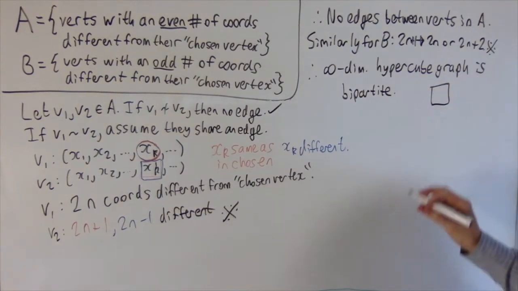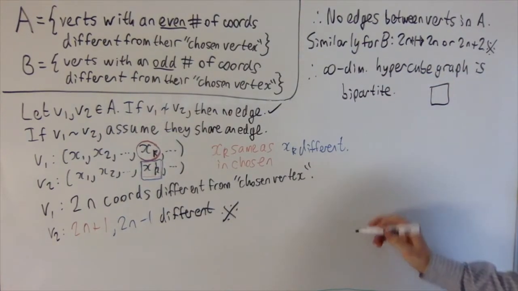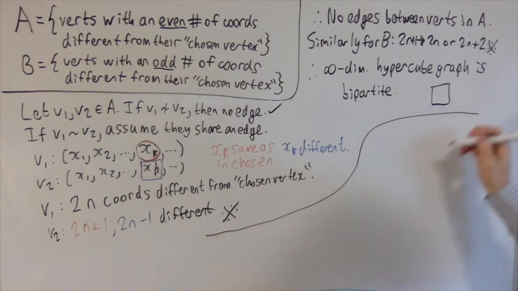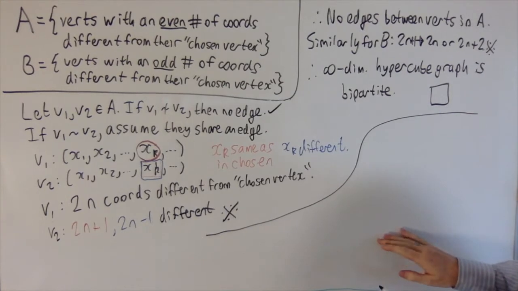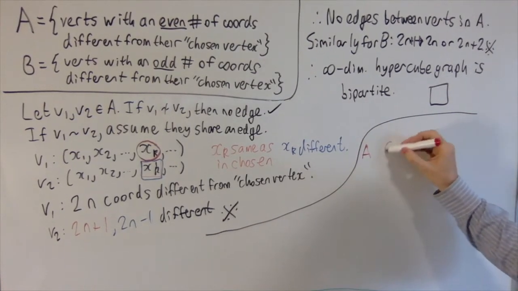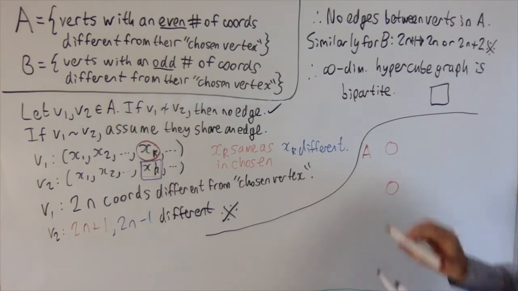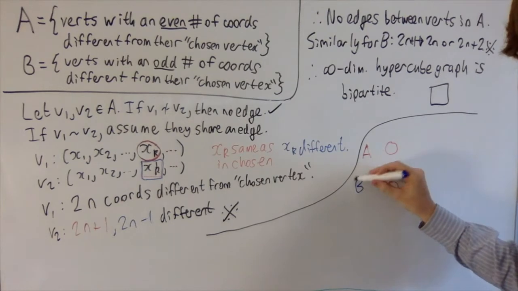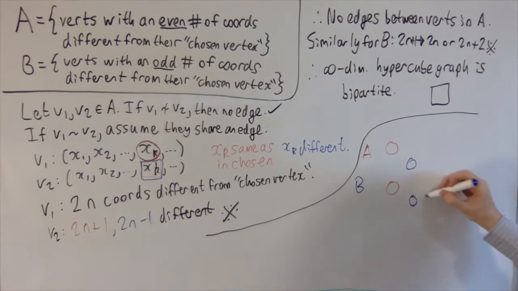And just to finish off here, I'm going to try and draw a picture of what this partition looks like, which is a bit difficult because we've now got infinitely many equivalence classes all related to each other. So imagine A is my set of all the ones with an even number of coordinates different, and B is all the ones with an odd number of coordinates different.